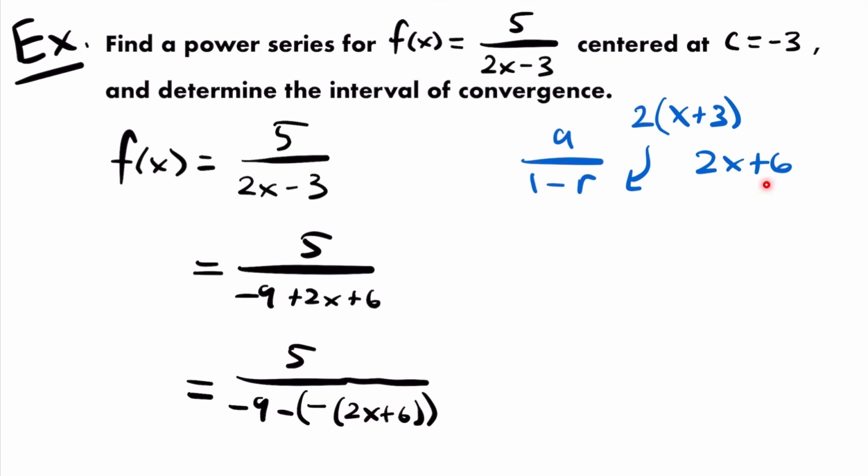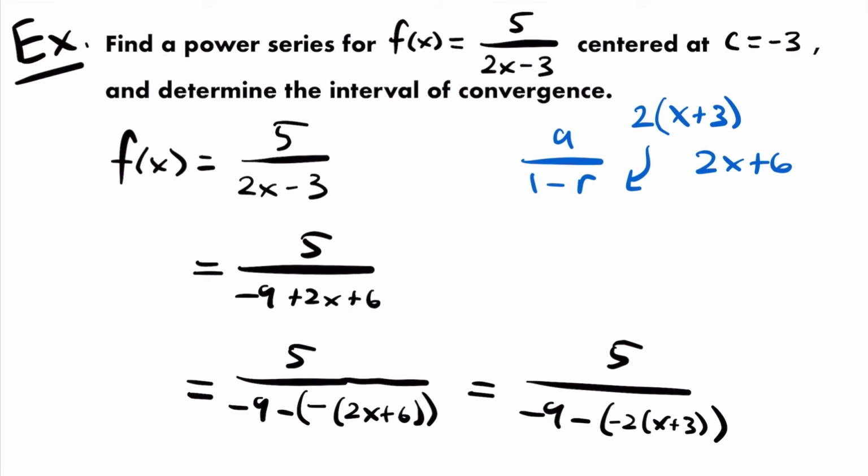We have 2x plus 6 in some form, which already involves x plus 3, which is what we need for the power series to be centered at negative 3. Okay, in fact, if we pull out that 2 from each of these terms, what we'll have is 5 divided by negative 9 minus negative 2 times x plus 3.